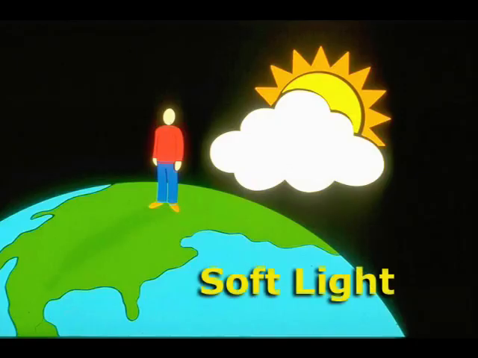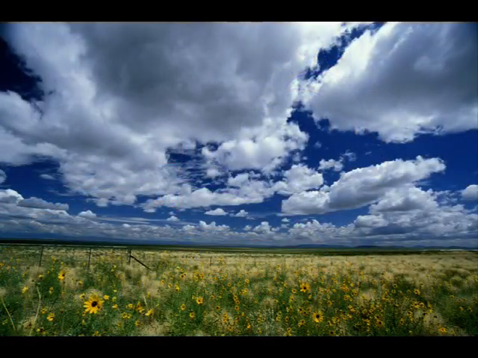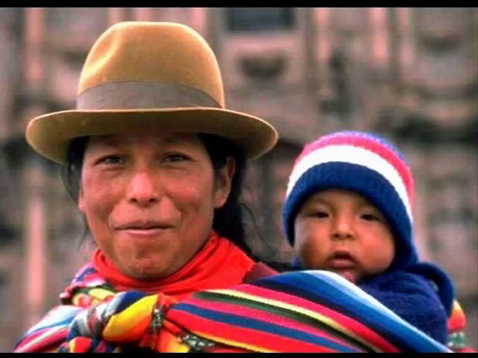Instead, the sky itself becomes a direct source. Because it is very large in relation to its distance from the subject, it provides soft light with indistinct shadows. Softer, more diffuse light creates weak, soft-edged shadows and dim highlights. It reveals fine detail and a wide range of subtle tones, colors, and shapes.